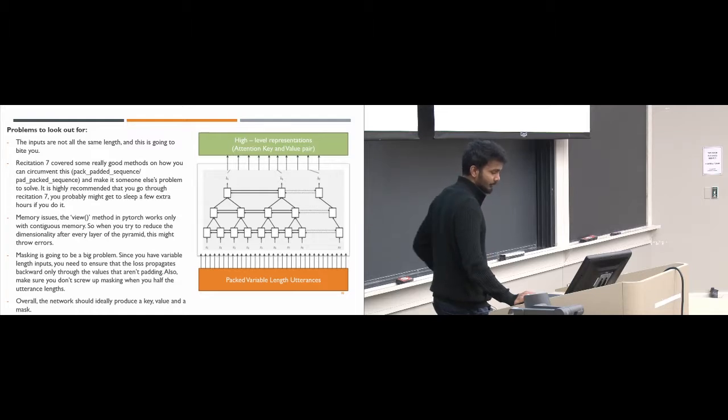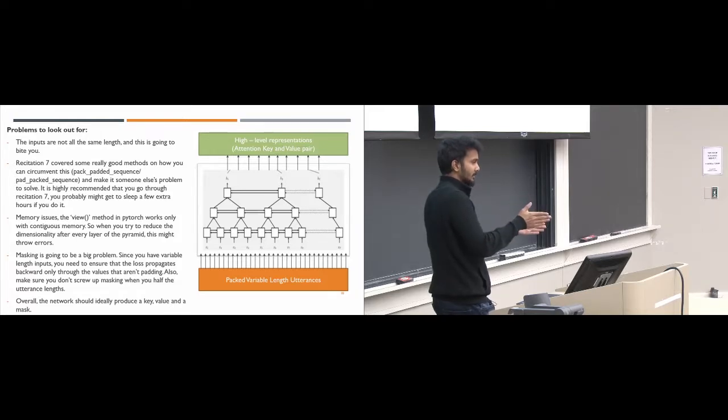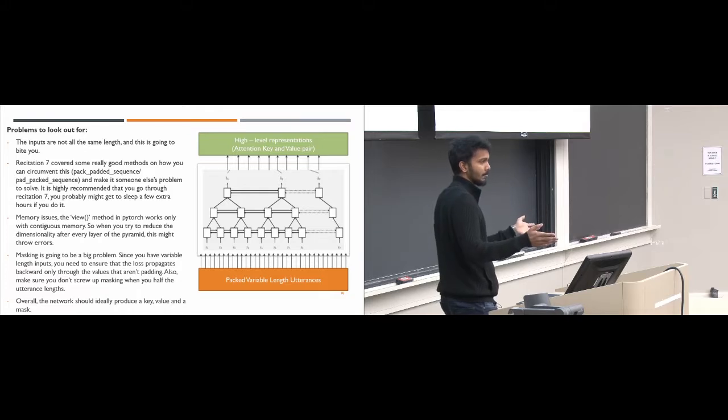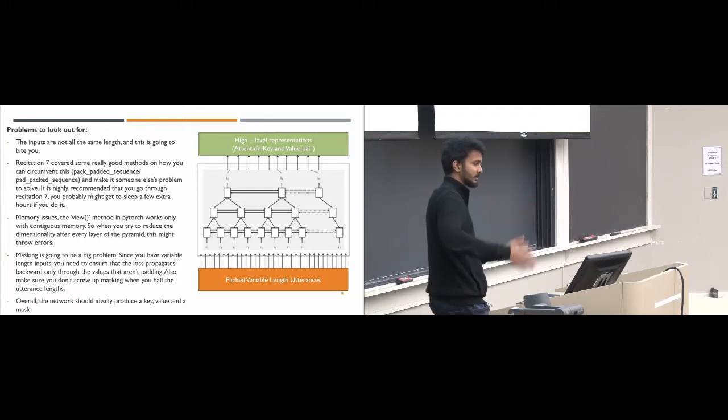And coming to the view method, basically when you have a tensor stored in memory, you store it in a slot, and you only have that slot with you. You don't have any extra memory. You might or might not have it. When you try to reshape it, you're taking some variables and projecting them into a different dimension. This might give you errors in how the memory is stored, because you might have different parts of this variable stored in different sectors.